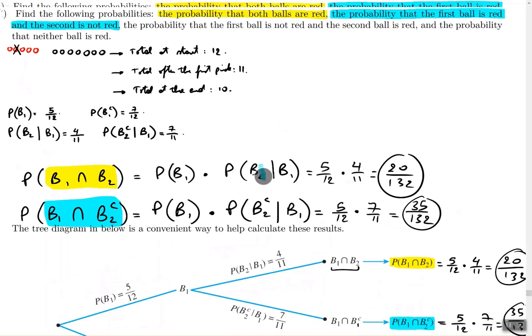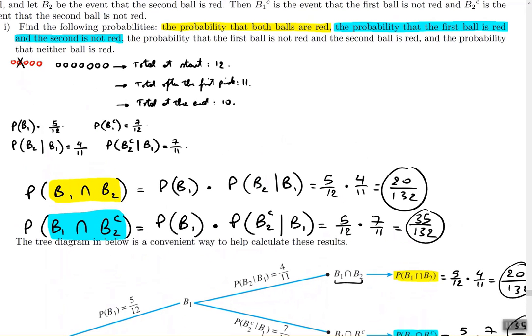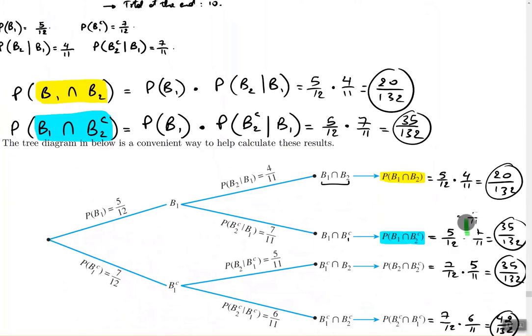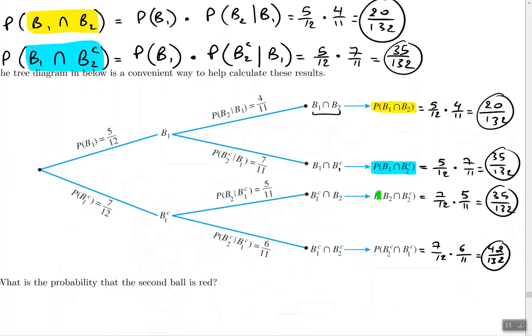So now let's take a look at the next one. What's the probability that the first ball is not red and the second ball is red? So ball 1 is not red, ball 2 is red. Turns out that that one was 35 over 132.